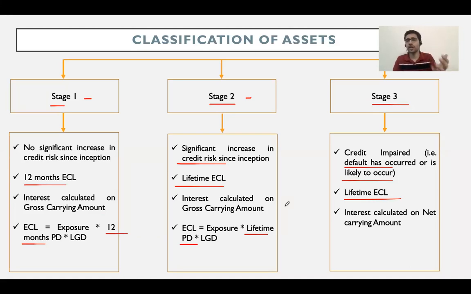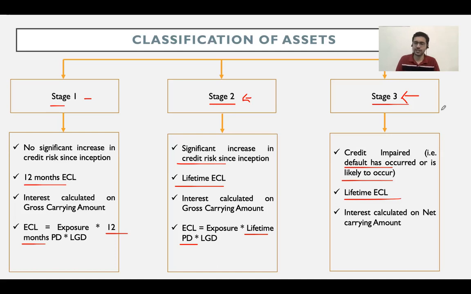One difference that I already explained is, when an exposure is classified under stage 2, I'm still not believing that there will be a default. Yes, there has been an increase in credit risk, but I still don't believe that a default may occur. But once I move it to stage 3, it means I as an entity believe that there might potentially be a default, or a default has already taken place.